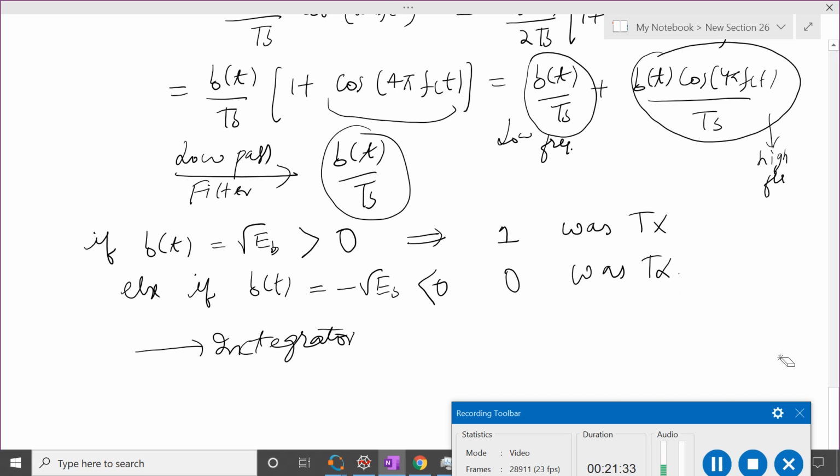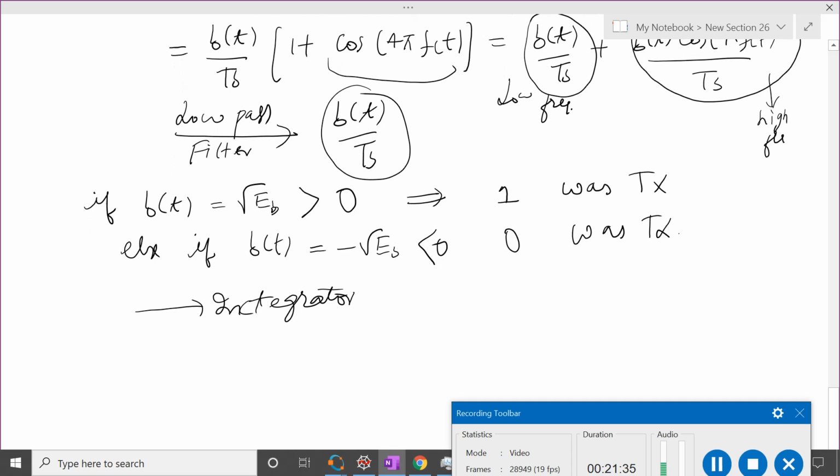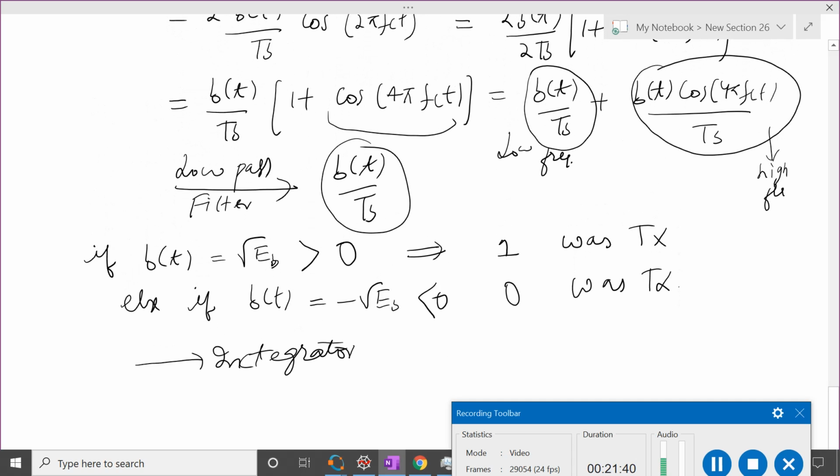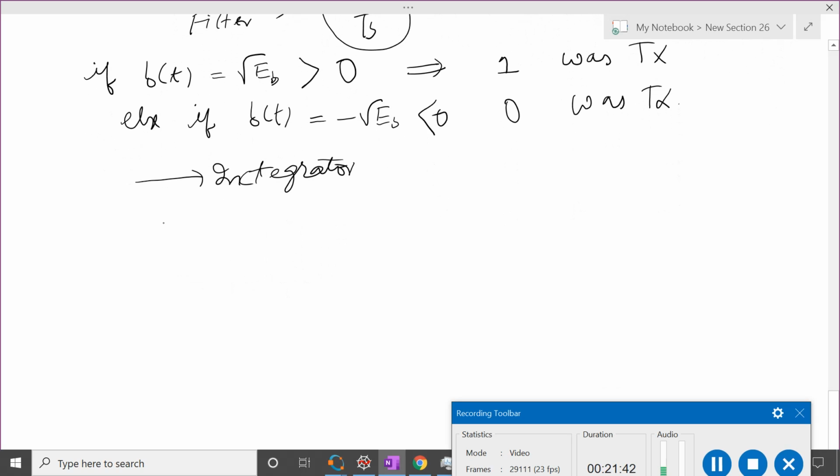But let me explain this operation in a different way, for those who don't understand it. Before the low pass filter, what was the output? It was B of t over TB plus B of t over TB cos 4 pi FCT.